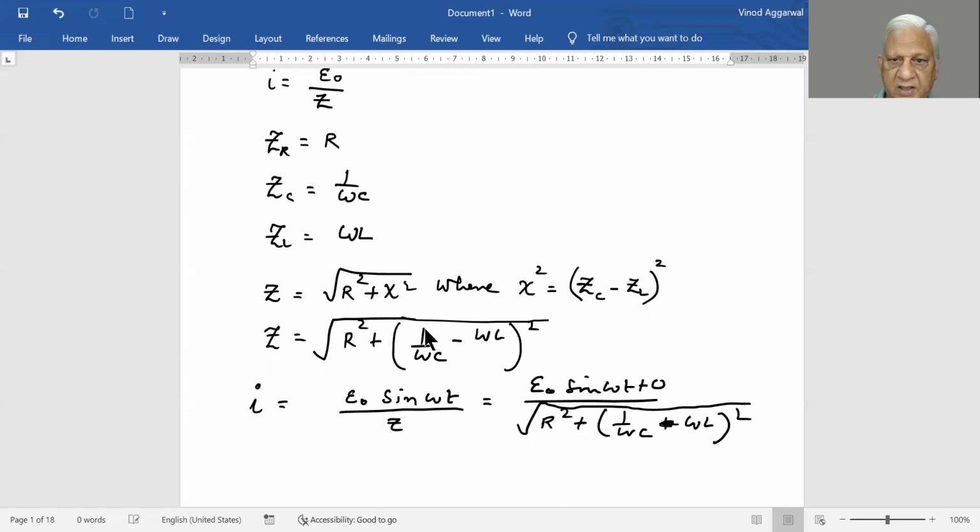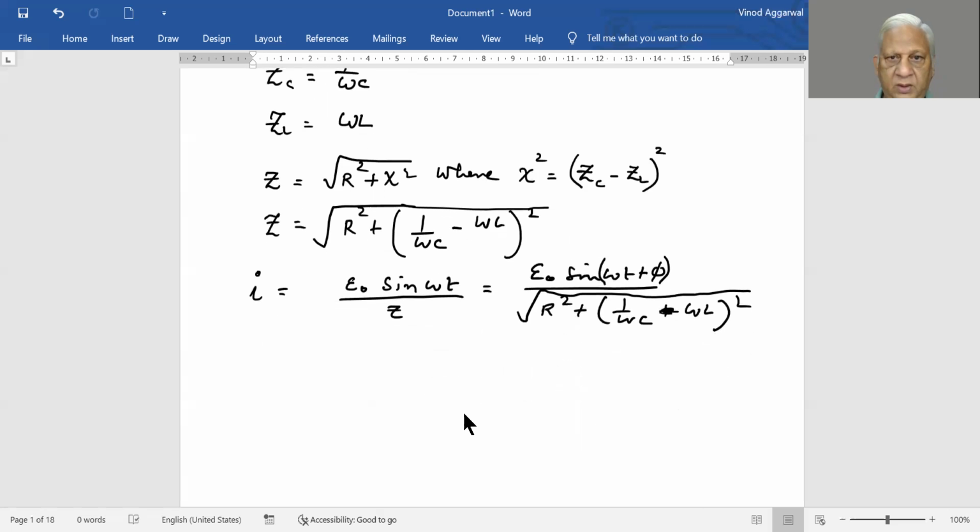And when we do this thing, there is a phase angle added to it. This phase angle is on account of phase difference between current and voltage. And how much this phase angle is defined by the tan of it.